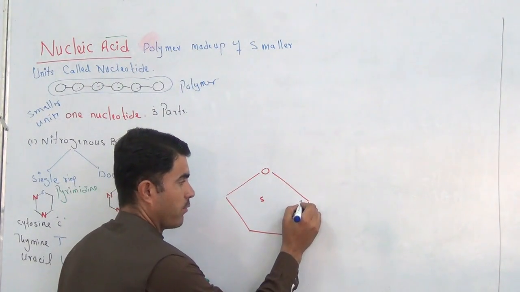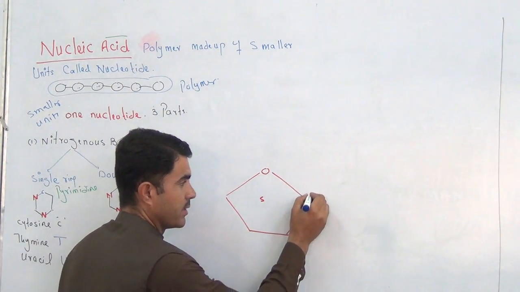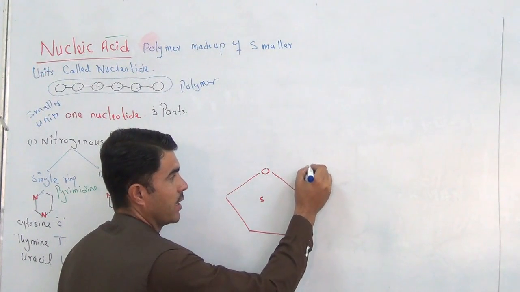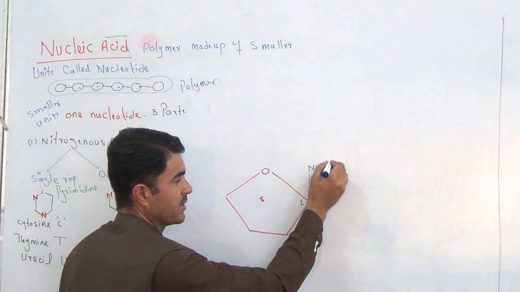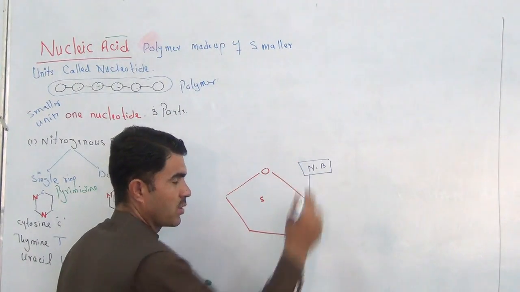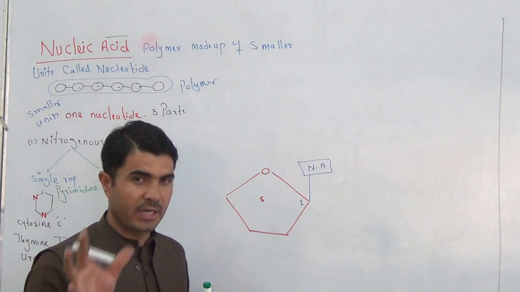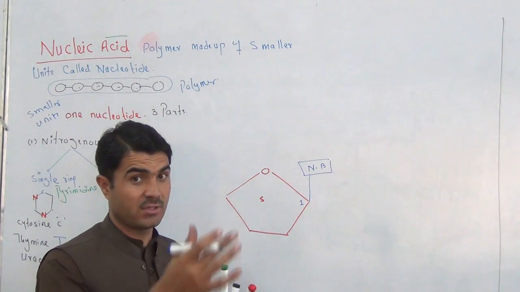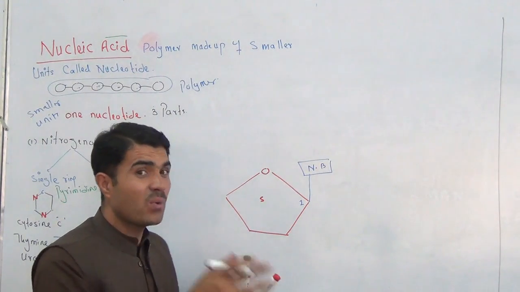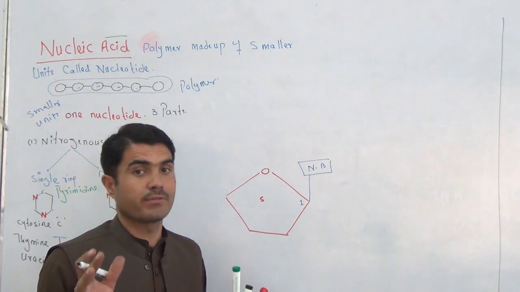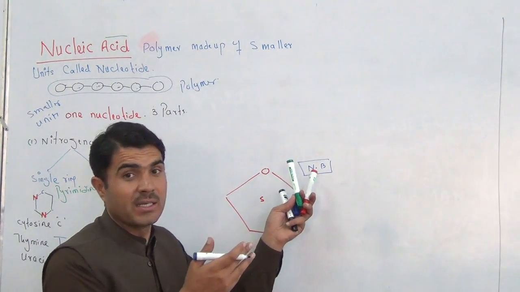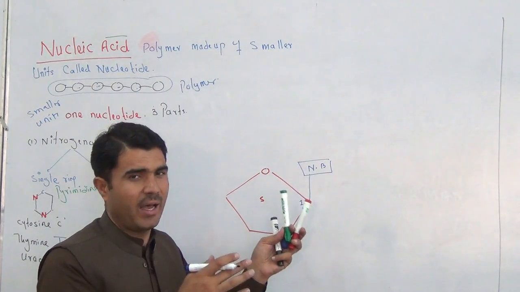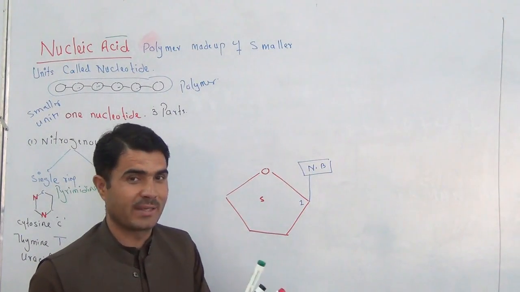If this is carbon number 1, at carbon number 1 you will find a nitrogenous base, because there are 2 types of nitrogenous base and a total of 5 different nitrogenous bases. So any one among those 5 can be attached here. So I just write NB, nitrogenous base.